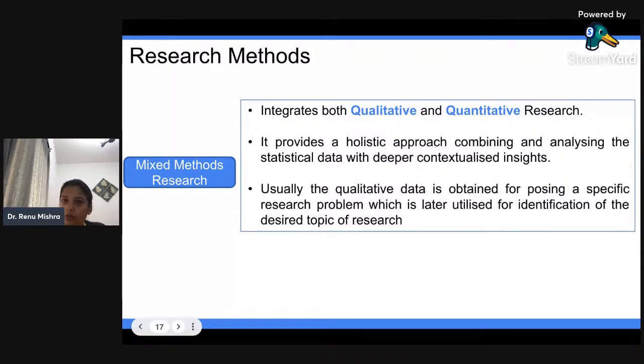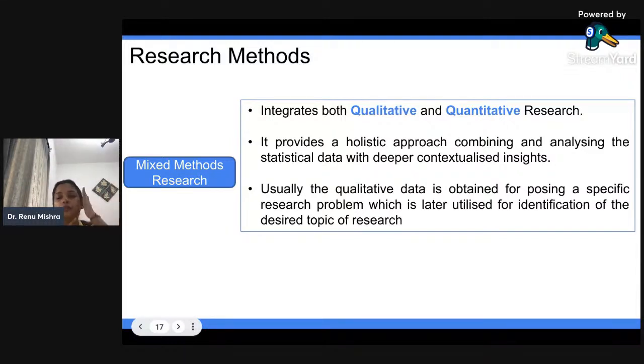Now, what is mixed method research? Again, the name says it all: you integrate both the qualitative and the quantitative. So, for example, you are trying to understand a particular phenomenon, that this happens when there is an interaction between two variables, and with the help of quantitative research, you test whether this happens or not. What I have written is also that mixed method research is a holistic approach.